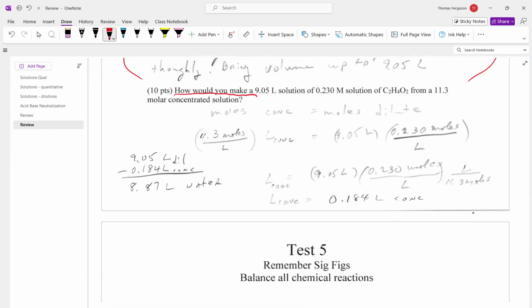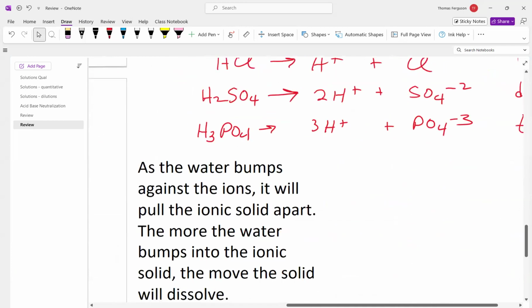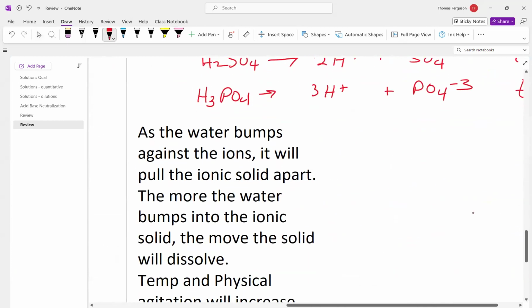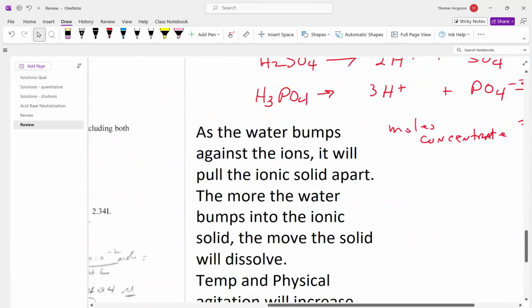So moles of concentrate equal moles of dilute. That's what you're going to start with.